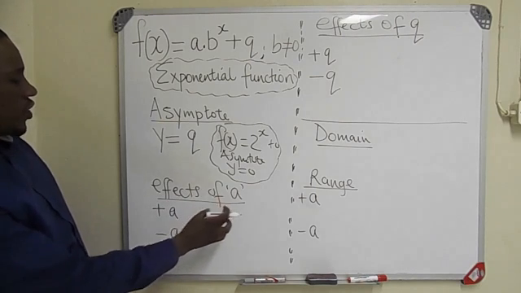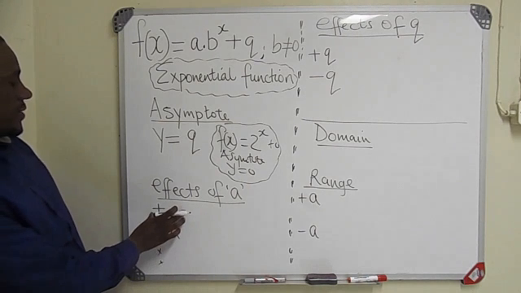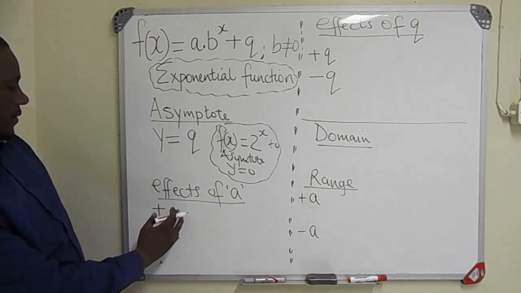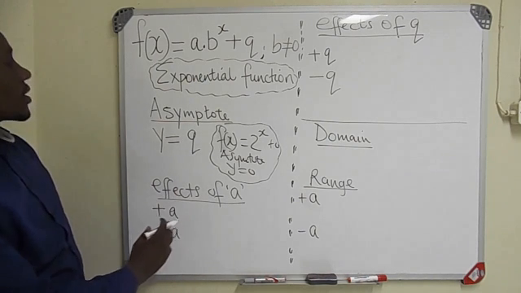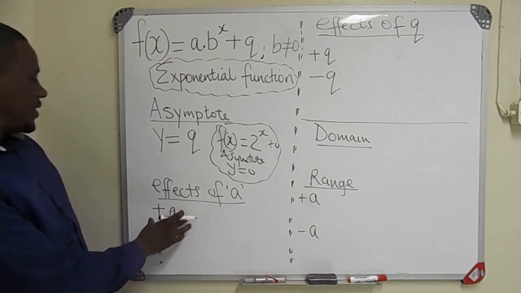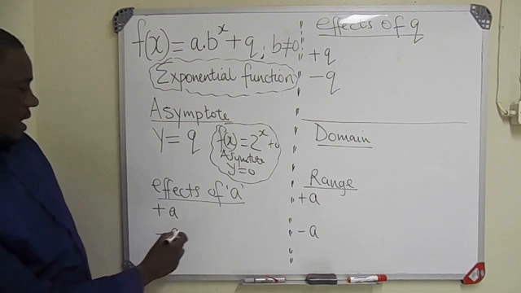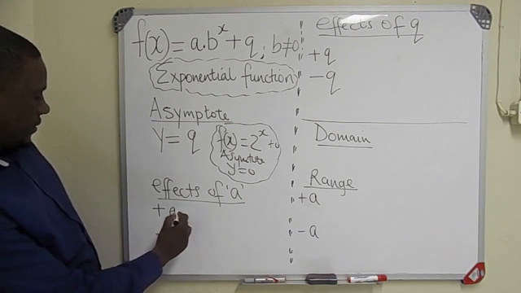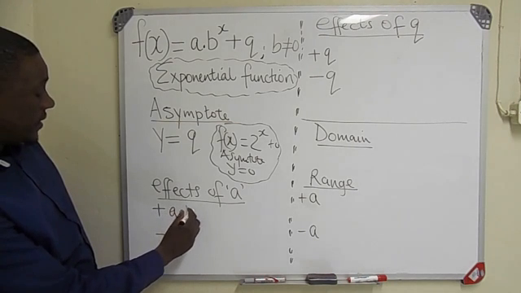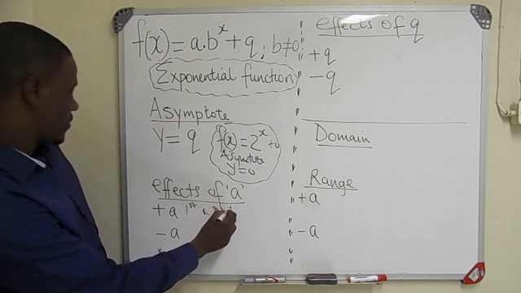Now we would like to talk about the effect of a positive a. It cuts the second quadrant across the first quadrant, and it is an increasing function. It means here, as in the first and the second quadrant.